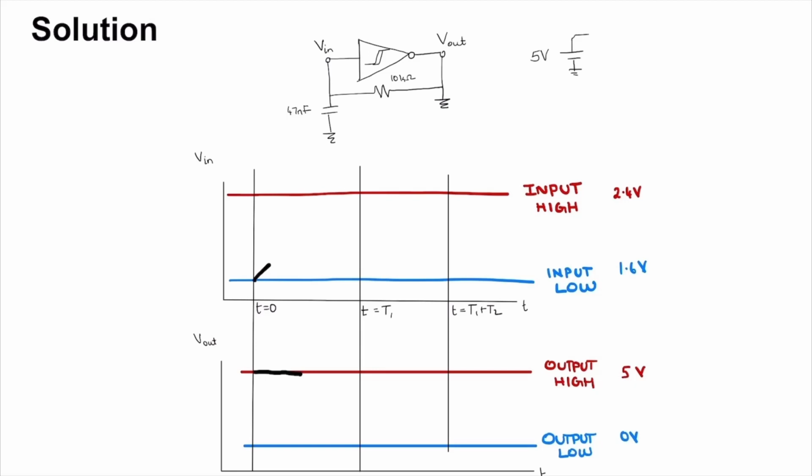So this is what the Schmidt trigger is outputting, and through the resistor it is charging the 47 nanofarad capacitor. It will keep charging it towards 5 volt. But as soon as it hits the input high crossing threshold, the output will change in response to become 0 volt.